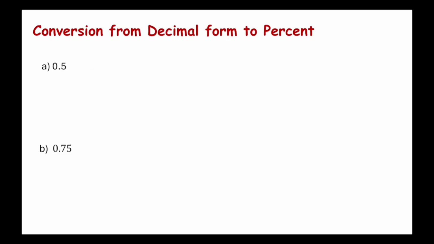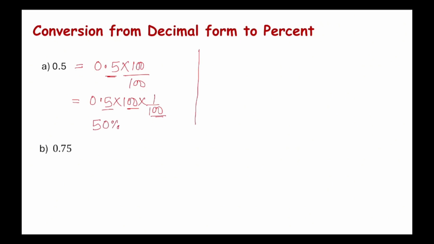So here, 0.5. If I multiply 0.5 times 100 over 100, it will not make any difference in the value of 0.5. Now 0.5 times 100 times 1 over 100. Now we know 1 over 100 is what? Percent, and 100 times 0.5 will give you 50%.